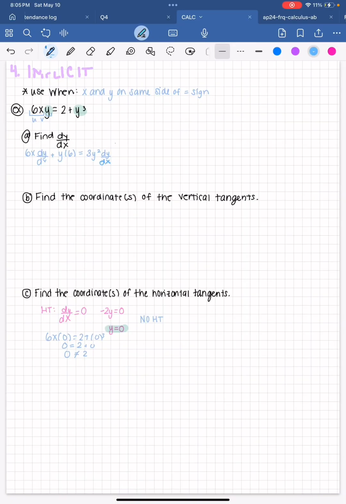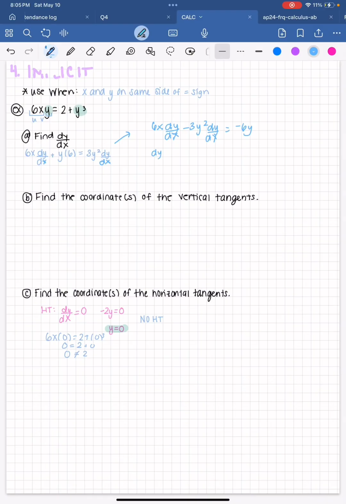Now that we have this, if we get dy dx by itself, so dy dx is going to be, well, look. So this is what you're going to do. You're going to rearrange it. You're going to do 6x dy dx minus 3y squared dy dx equals negative 6y.